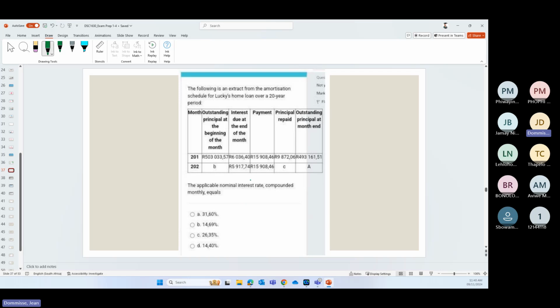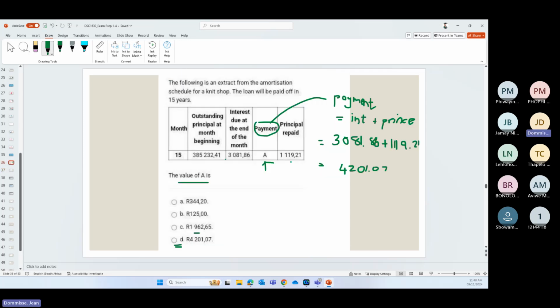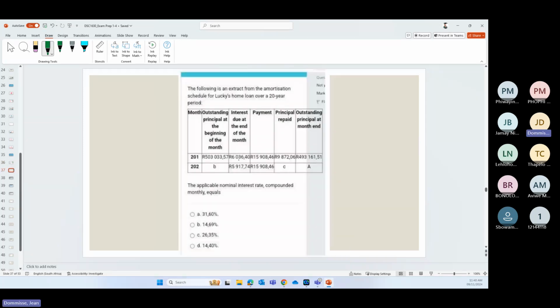Okay, so let's look at this a bit differently. That was 15 years. Now we're talking about a 20-year home loan, and what we now see in this one is they give us months and the outstanding. That first line contains nearly all the information needed to tell us certain things about this loan.